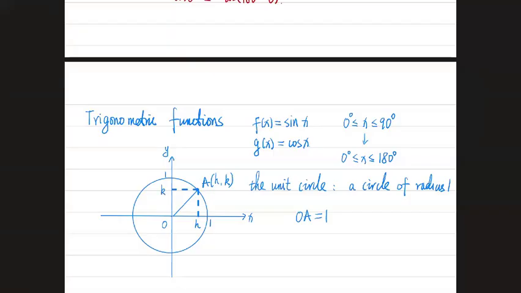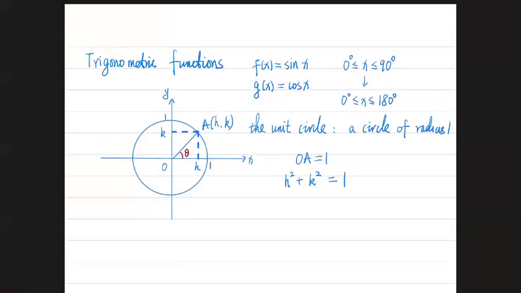So the first property is that H squared plus K squared is 1, by the Pythagorean theorem. If we measure this angle theta, then in this right triangle, we can see H is cosine theta and K is sine theta.